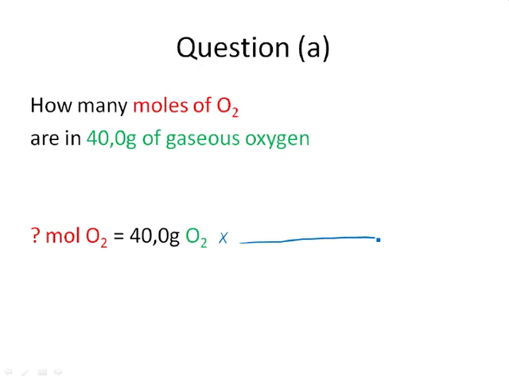The way we do this, which will be useful, is such that the unit in the information given will be cancelled out and the unit of the information required introduced. So you need to ask yourself now, how many moles of oxygen, in other words, how many moles of O2, is equivalent to what mass of O2?